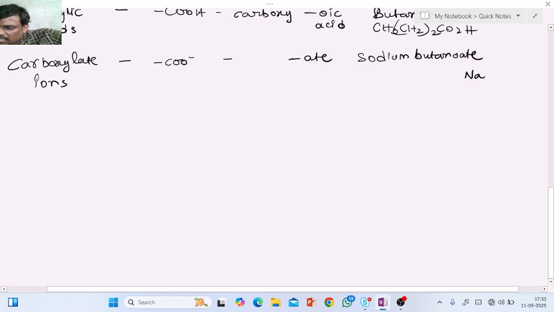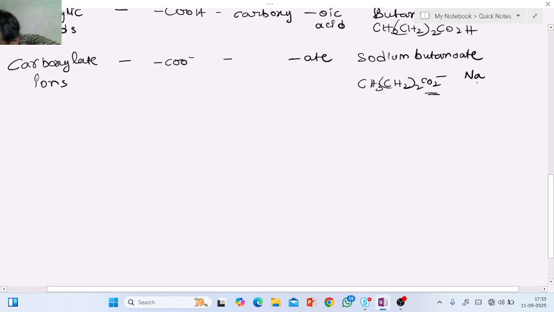CH3, CH2 twice, CO2 minus, and as you know, the functional group can be represented by CO2 minus. So COO minus means CO2 minus, and here it is represented as sodium butanoate. It is the carboxylate ion, and it is a representation.